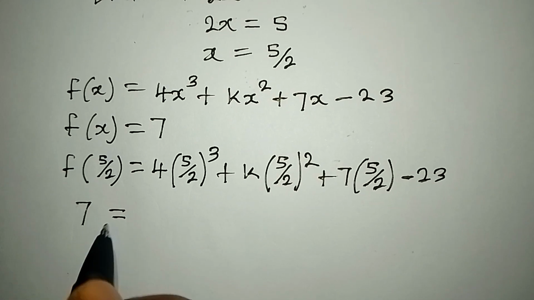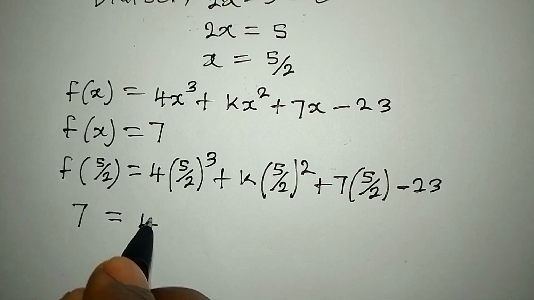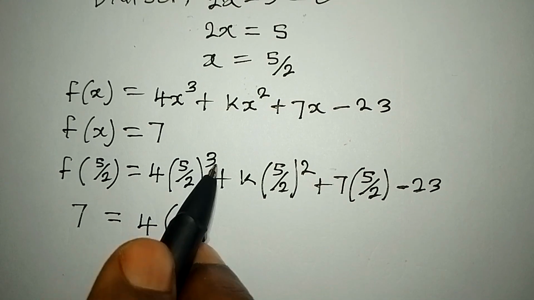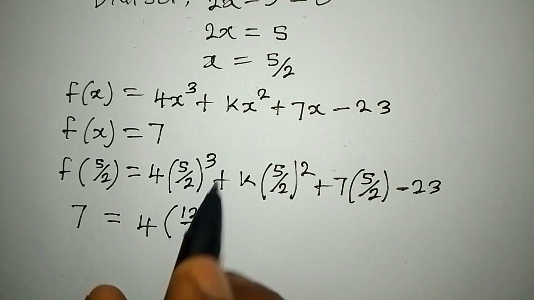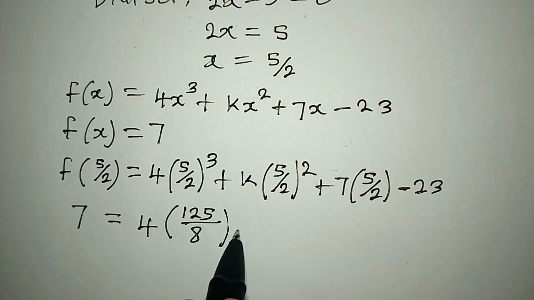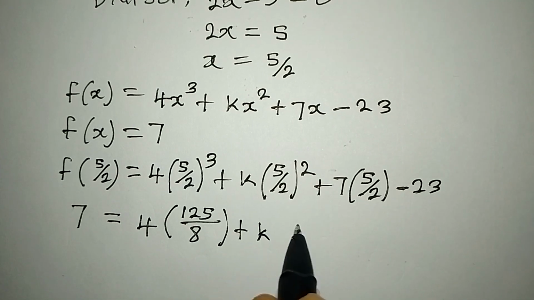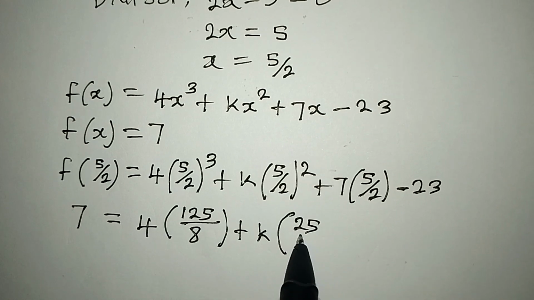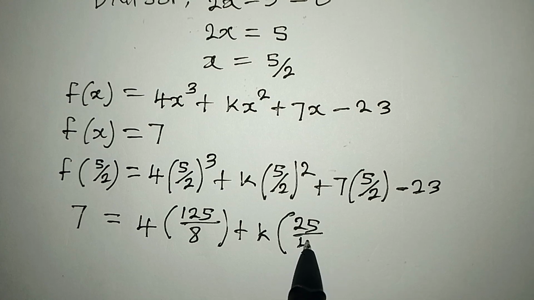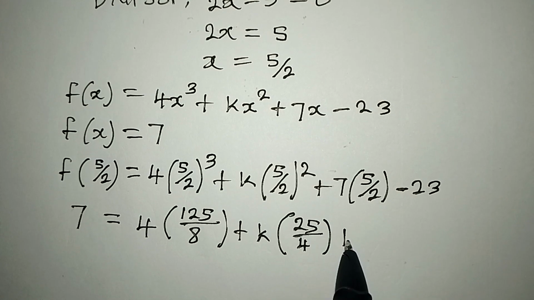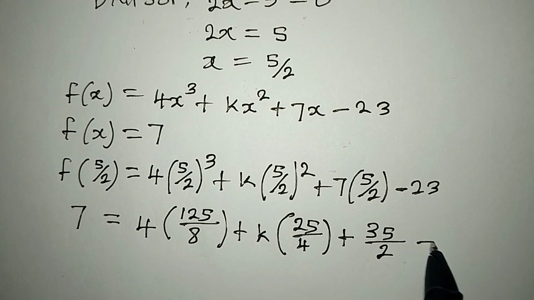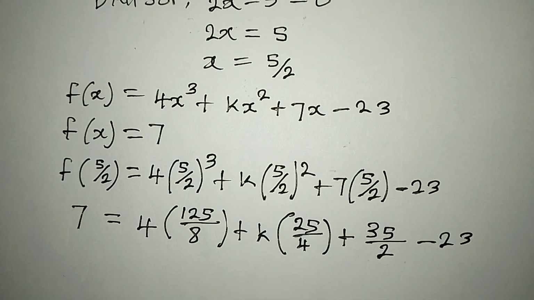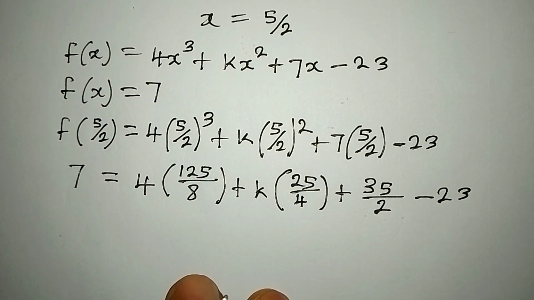So this will be equal to, we have 4 into 5 to the power of 3 is 125. This is over 2 to the power of 3, which is 8. Then plus k into 5 squared is 25. And this is over 2 squared, which is 4. Then plus we have 35 over 2, then minus 23. So from here, what should I do?